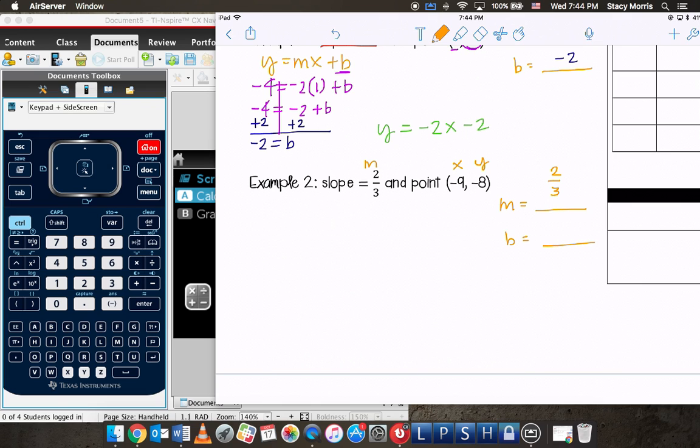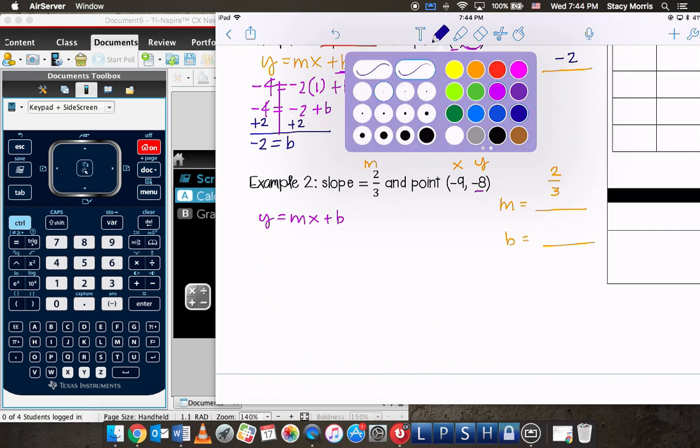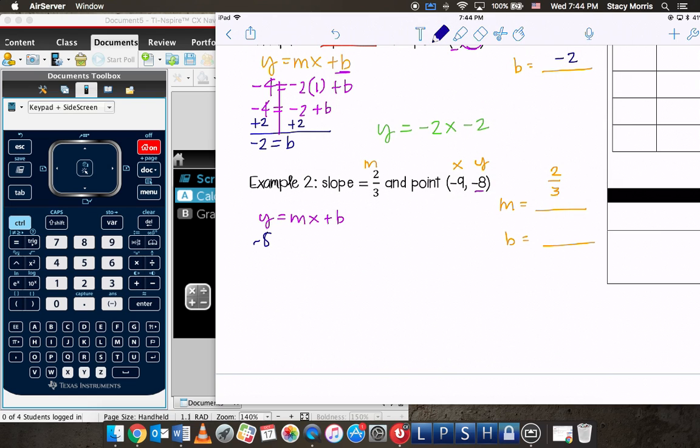I'm going to plug all those pieces into y equals mx plus b. My y is -8, so I plug in -8 for y equals m, which is 2/3, times x, which is -9, plus b, which is what I'm solving for.